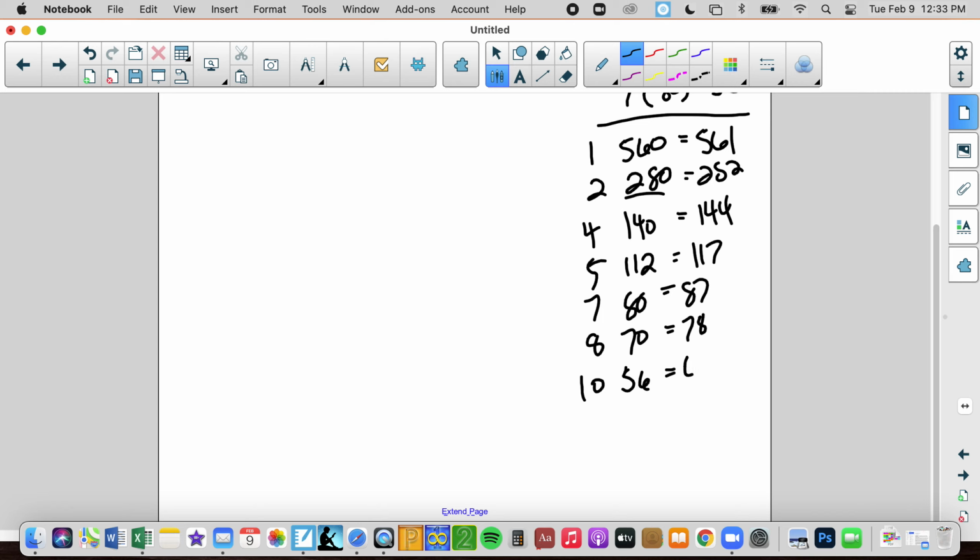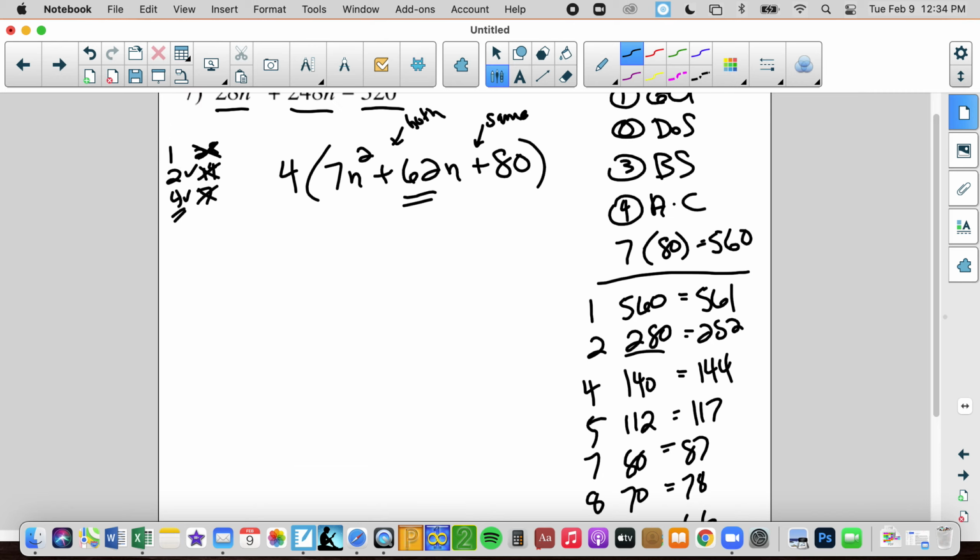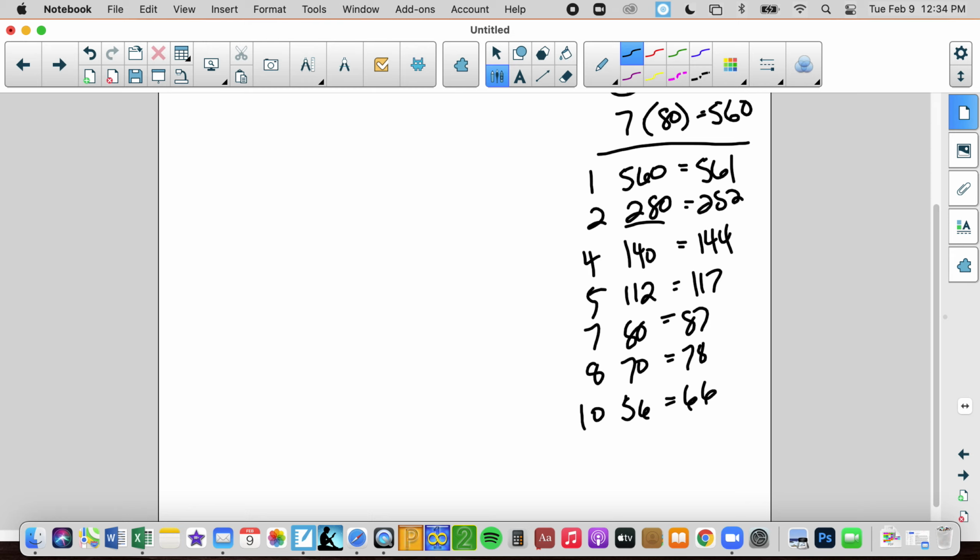And hey, that gives me 66. We're really close now. 11, I don't think 11 goes into it. 12, I think 12 goes, no, because 6. 13, 14, there it is. 14 goes into it, and that would be 14 and 40, which gives me 54.